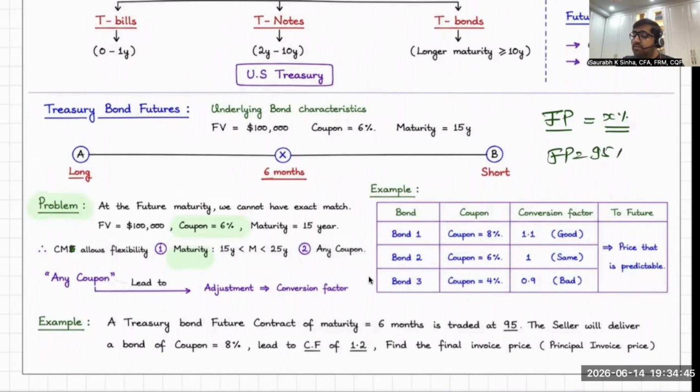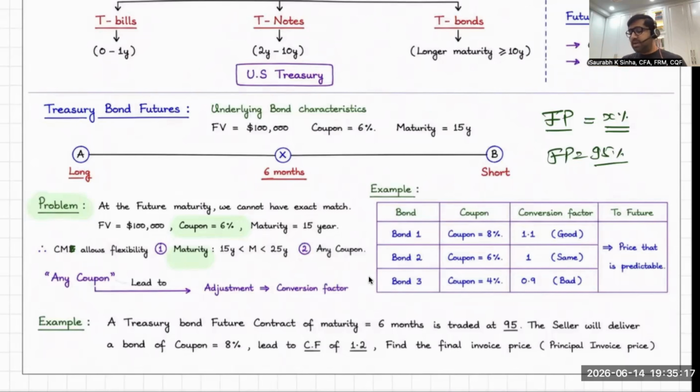That was 95,000. That was fixed. And now B can deliver any bond. Is it fair? We can observe that this is not fair, because the seller will try to deliver a cheap bond, and that's why it is called the cheapest to deliver bond, a cheap bond, a bad bond, or a bond of their own preference. Then we have to apply an adjustment to this future price.